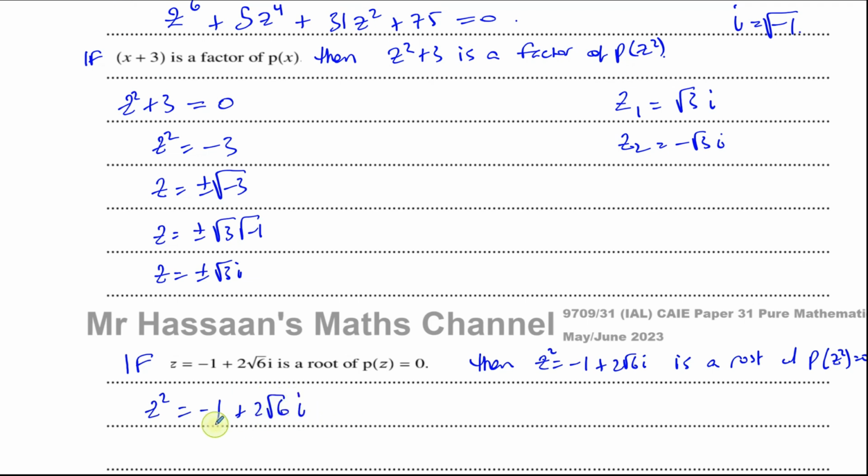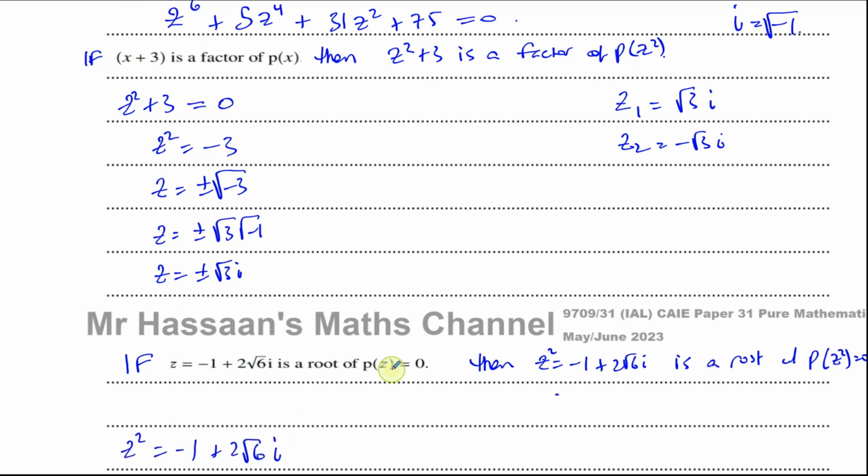Plus 2 root 6i is one root, okay, but that's z squared. We want to find what z is, and we also know that as they come in conjugate pairs, z squared equals minus 1 minus 2 root 6i, because there are 2 things that come out of this. Okay, let me just write that down there as well.